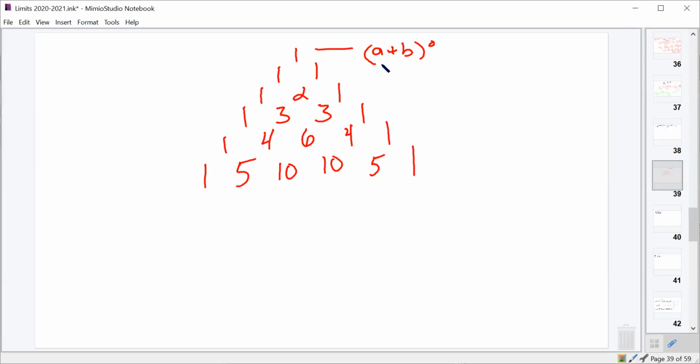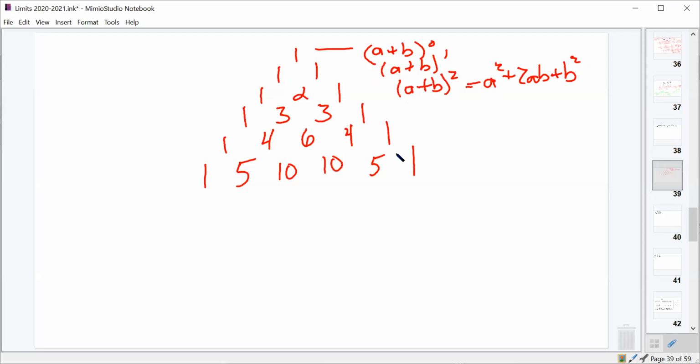What about (a plus b) to the first power? Well, it's just a plus b. And what are the coefficients of a and b? They are 1 and 1. And if we go down here, what are the coefficients when I do (a plus b) squared? Well, (a plus b) squared is a squared plus 2ab plus b squared. And the coefficients are 1, 2, 1.